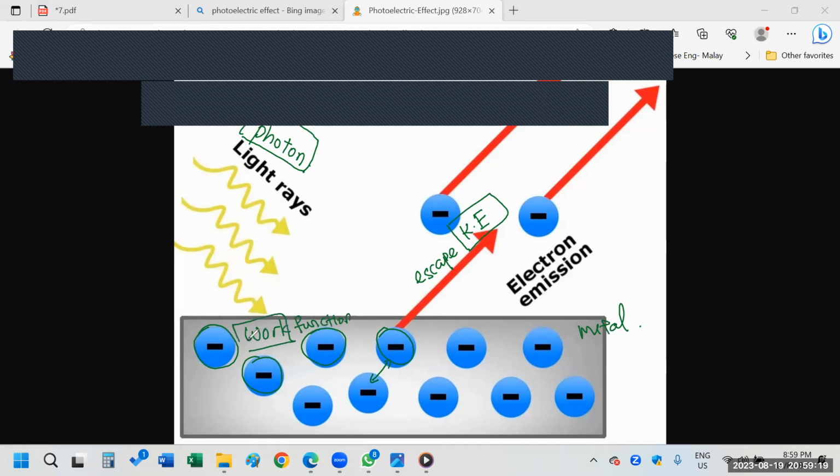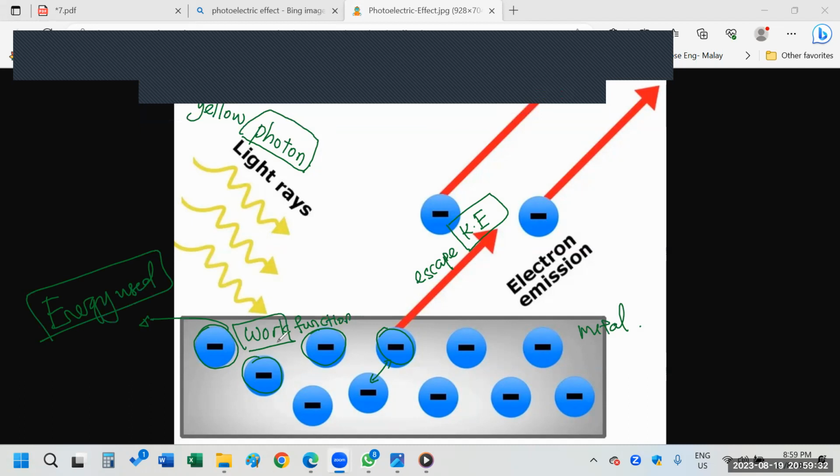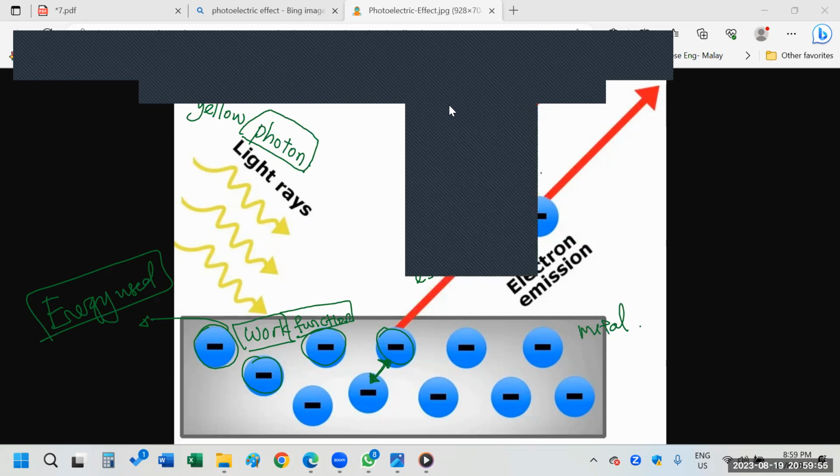Actually, what is work? Work means energy used. So all of these are energy. Photon is energy. The energy used to resist and break the bond is the work function. And when the electron gets out, it will move with a speed, so it is kinetic energy. So we can get a conclusion from here.